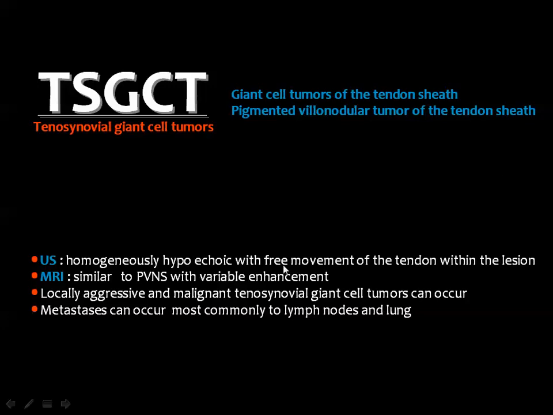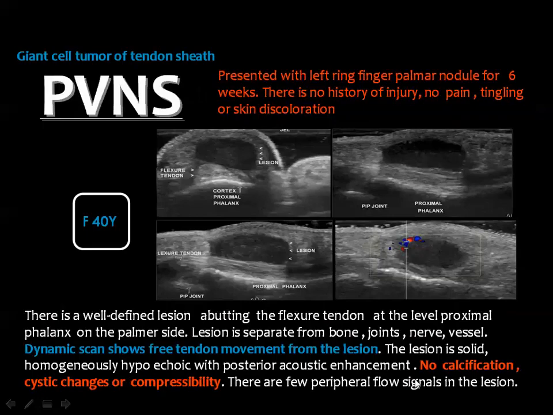And you should remember that both the giant cell tumor of the tendon sheath as well as the pigmented villonodular synovitis will show variable degree of enhancement. Locally aggressive and malignant tenosynovial giant cell tumor can be seen, and the metastases usually occur to the lymph nodes and the lung.